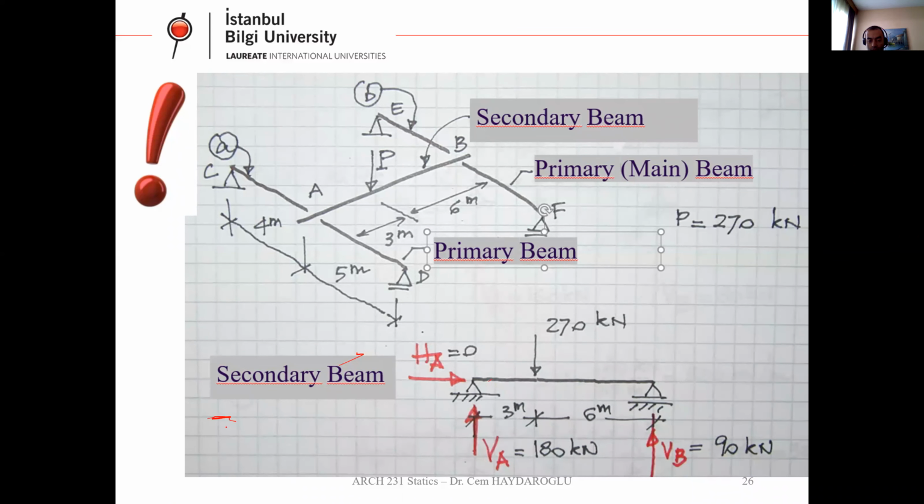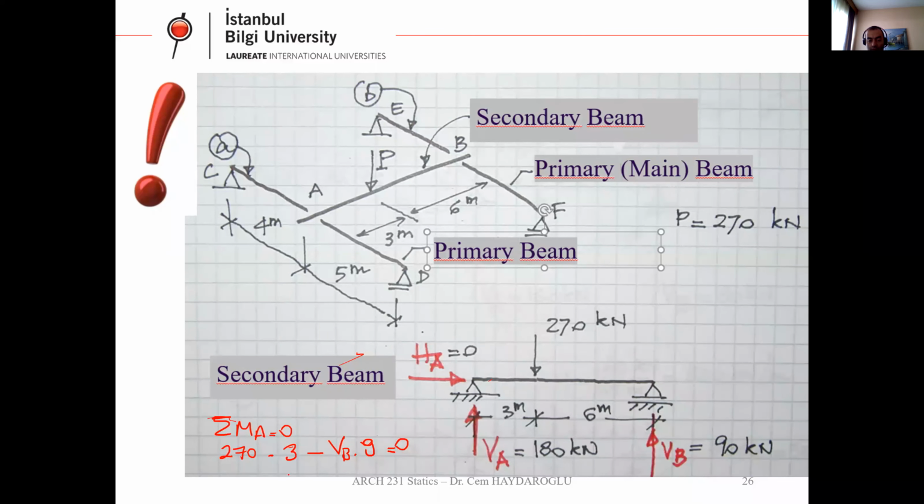Total MA equals 0, the load times 3 minus VB times 9 equals 0.